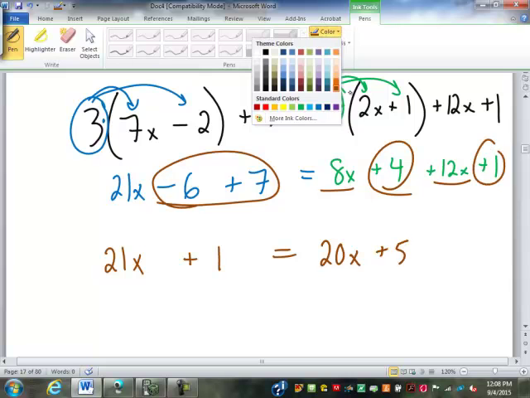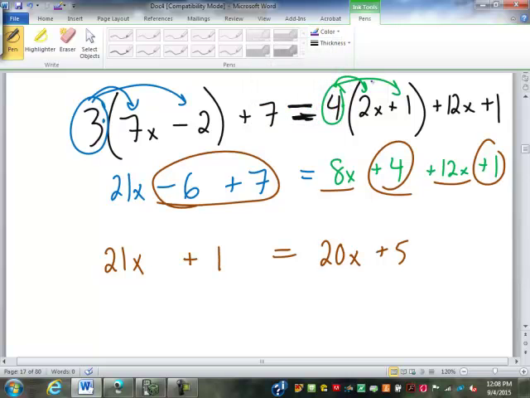Now if we simplified and reduced everything we can on each side of the equation, now we can start looking at the equation as a whole. What do we do next? Perfect. We see that there is a variable, the x is on each side of the equation, so we have to get rid of it on one side. 20 is the smaller one, so I'm going to take away 20x. It's gone. Leaves me with 5.